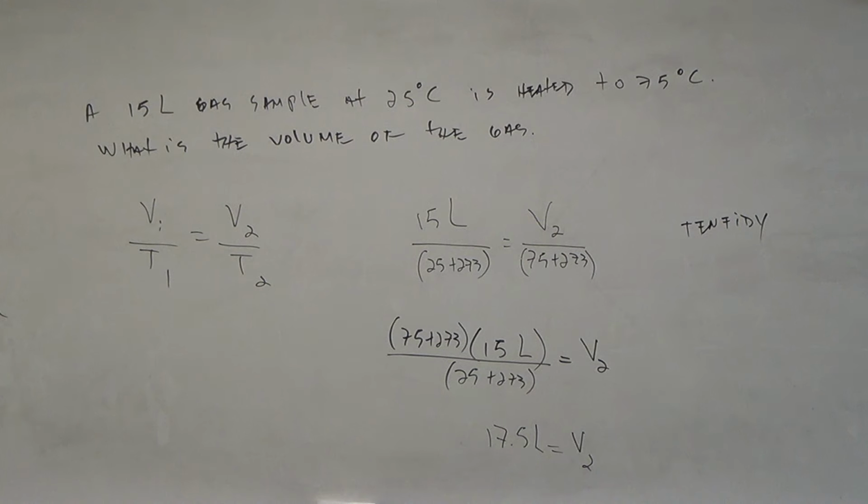Does that make sense? Yes or no? Because the volume and the temperature are directly proportional. What that means is, if you increase the temperature, the volume does what? Increases. Okay?